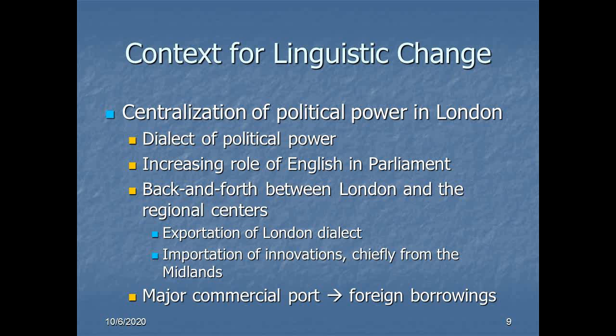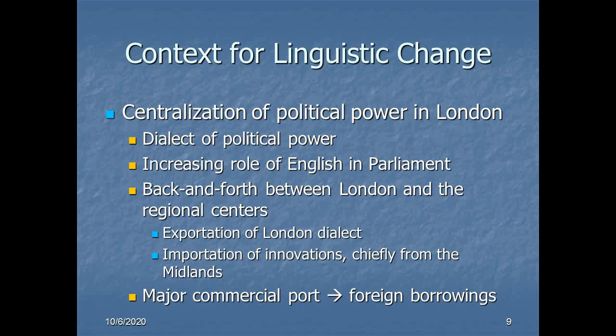On the other hand, there was also a tendency, particularly of innovations from the north, to find their way into London speech, to such a degree that the dialect of London became quite distinct from the dialects of the surrounding areas. That is, London dialect became its own dialect to a degree that had not been the case before.